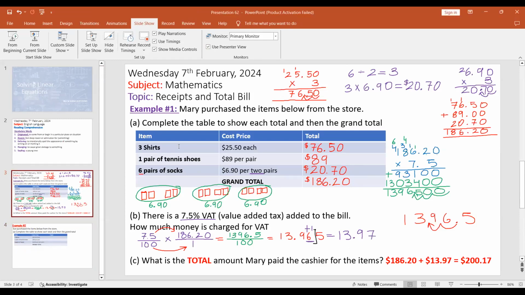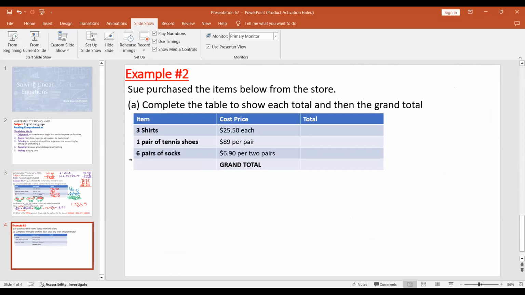All right, so we come back to this one. Let's say that the price for, let's bump it up, so we want 4 shirts, and let's say that it's $26.70.